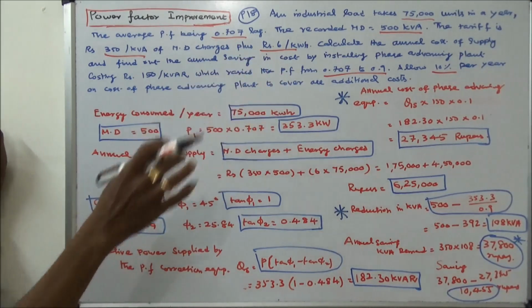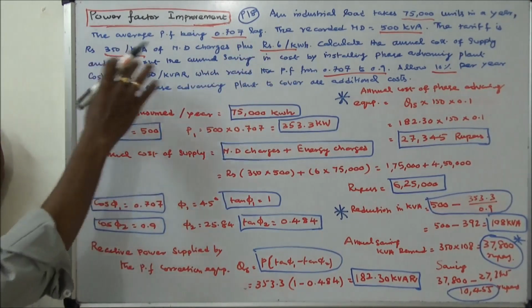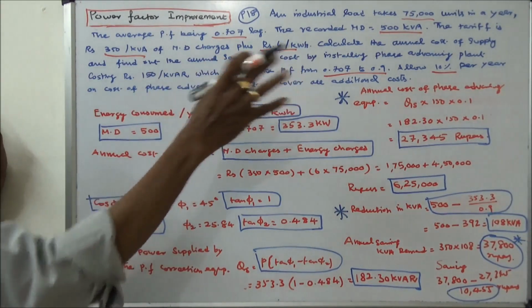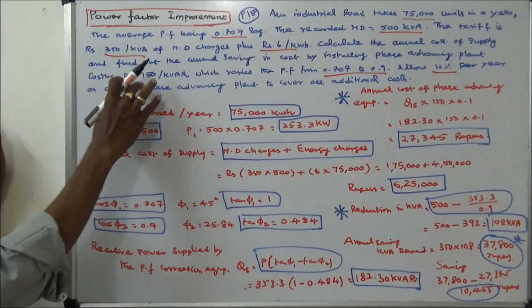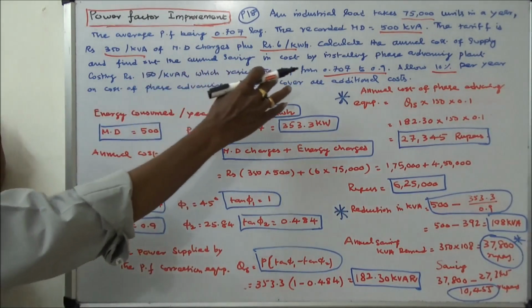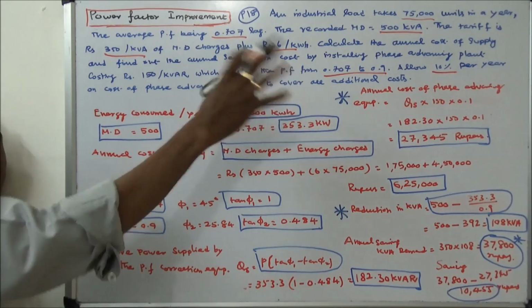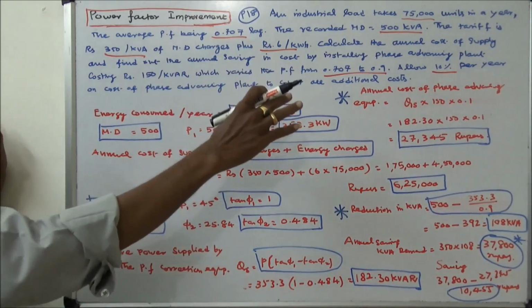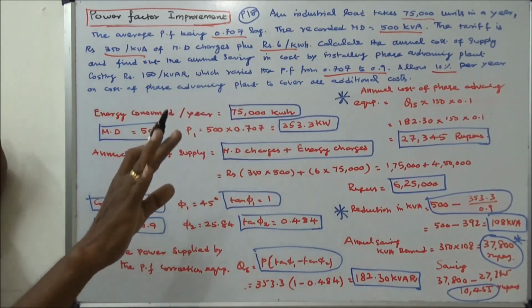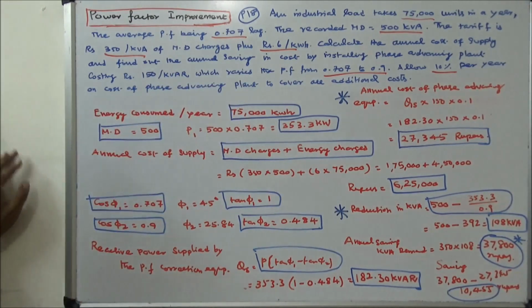Calculate the annual cost of supply and find out the annual saving in cost by installing phase advancing plant costing rupees 150 per kilovolt ampere reactive, which raises the power factor from 0.707 to 0.9. Allow 10% per year on cost of phase advancing plant to cover all additional charges.